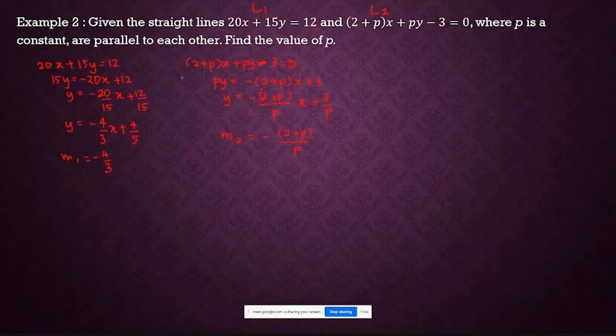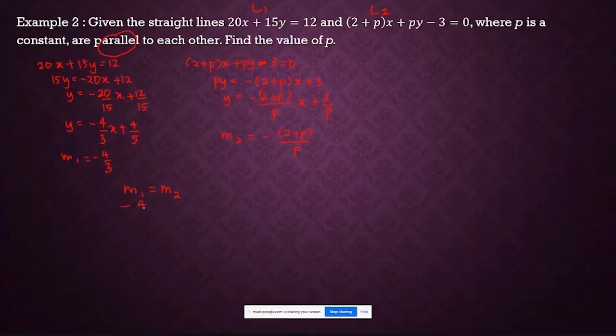Since the two lines are parallel, the relation for parallel lines is m1 equal to m2.